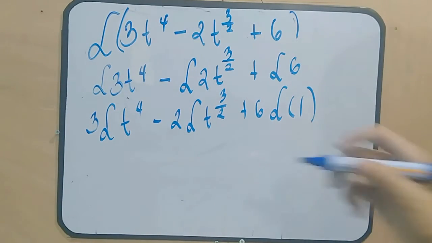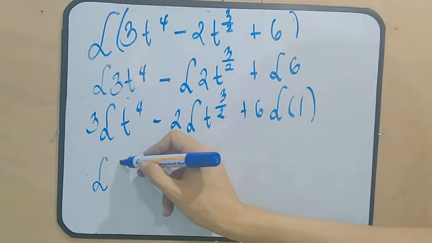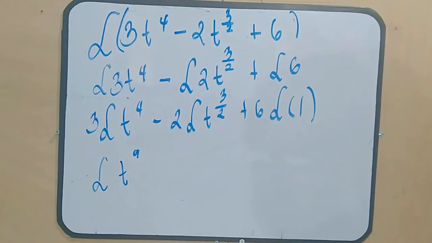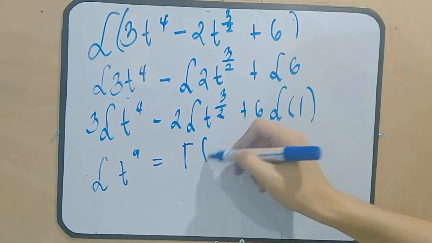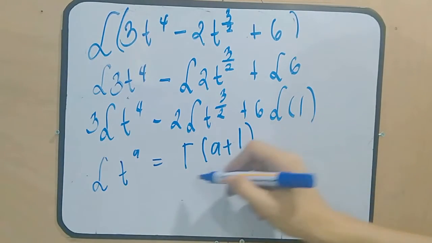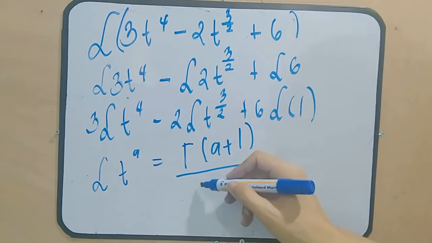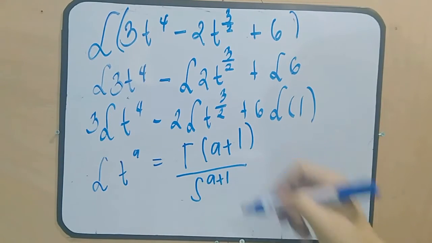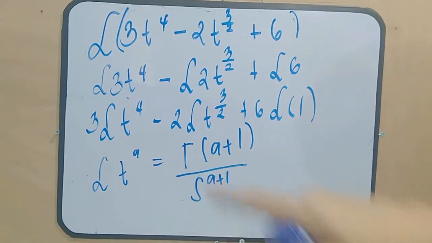We have here yung Laplace transform ng t raised to a. So, ang a natin guys here is in general, any value. So, this is just equal to, ito guys, another concept, gamma function: gamma of a plus 1 all over s raised to a plus 1. So, ito guys, this is what you call the gamma function.